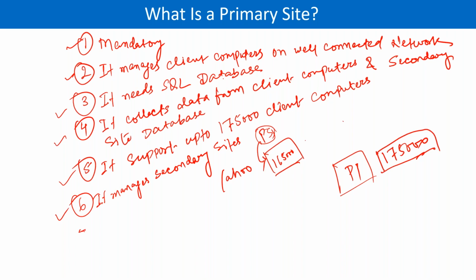Now, how many secondary sites can one primary site have? It can have a maximum of 250 secondary sites. Got it? It should not be more than that. Any question?